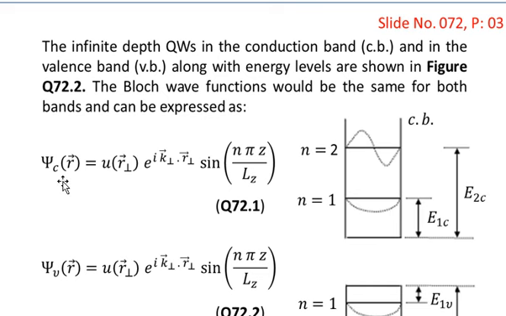So we have psi c, that is the wave function for the quantum well within the conduction band. Psi c as a function of r is equal to u1 as a function of r perpendicular multiplied by e to the power i k perpendicular dot r perpendicular, and then multiplied by the sine of n pi z over Lz.